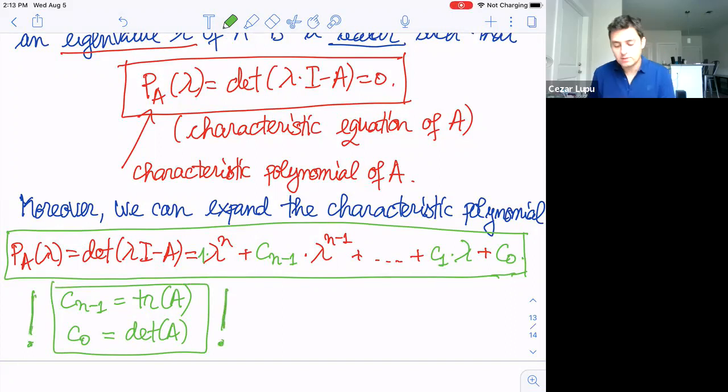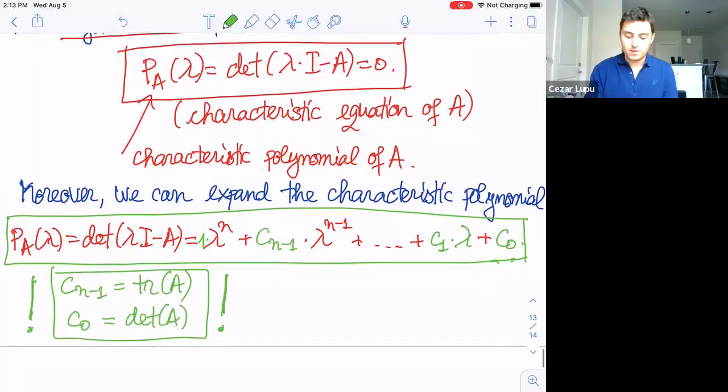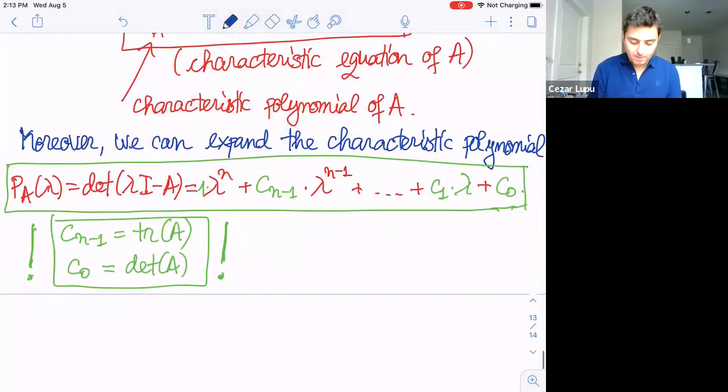We can see this for the 2 by 2 case, as I mentioned earlier. Let's take the n equals 2 case.